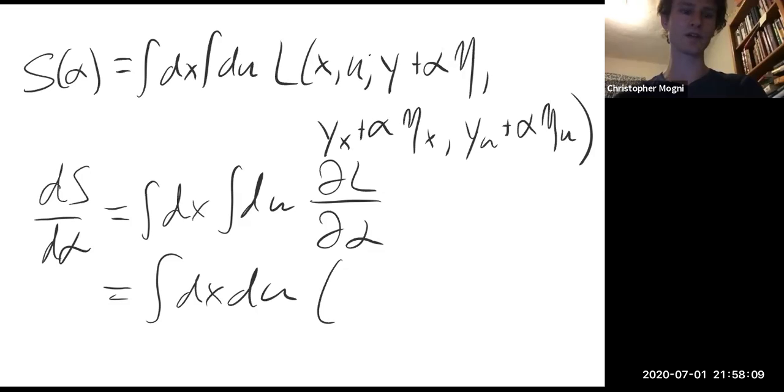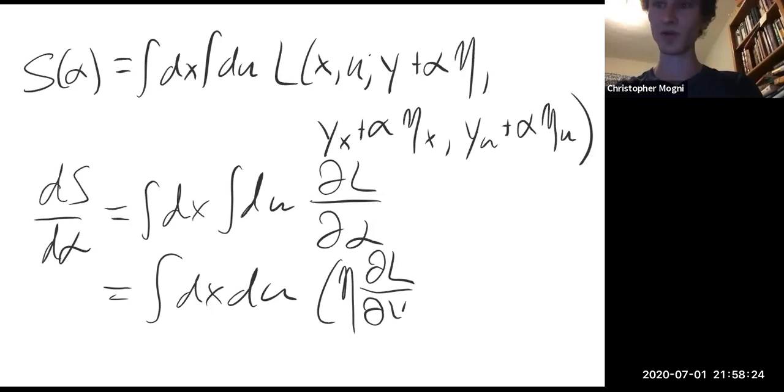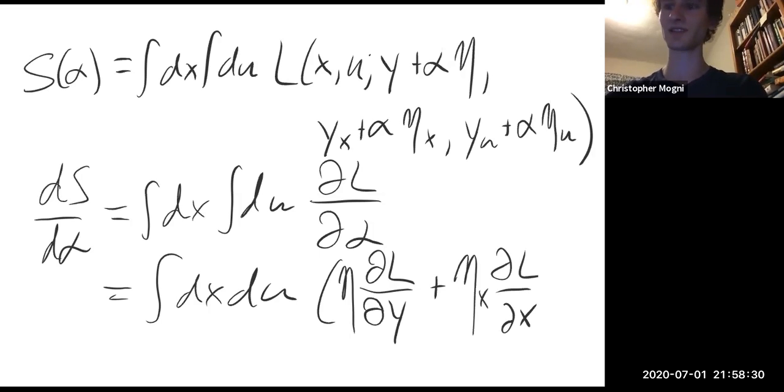We have partial derivatives with respect to x and partial derivatives with respect to u of y to take into consideration now. So skipping a couple steps here, and you can see my first video to see exactly how to do this. We're going to get eta times dL dy plus eta sub x dL dy sub x.